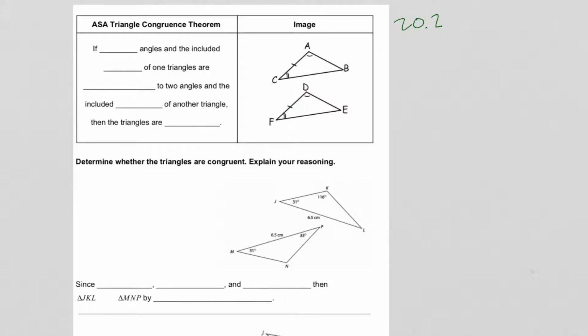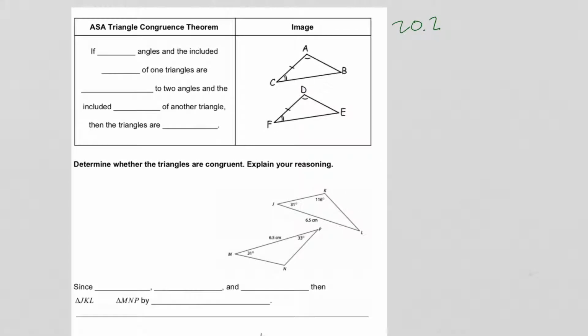So one of these ways is called the angle-side-angle triangle congruence theorem. ASA stands for angle, side, angle.